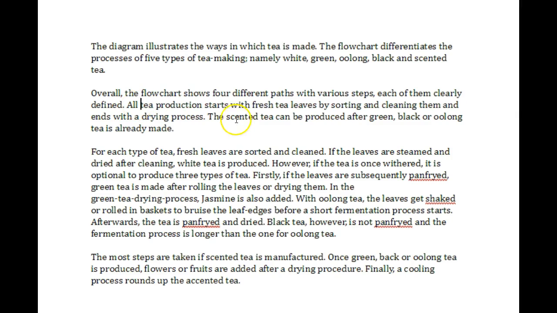All tea production starts with fresh tea leaves, so I would do this. All tea production starts with sorting and cleaning fresh tea leaves and ends with the drying process.